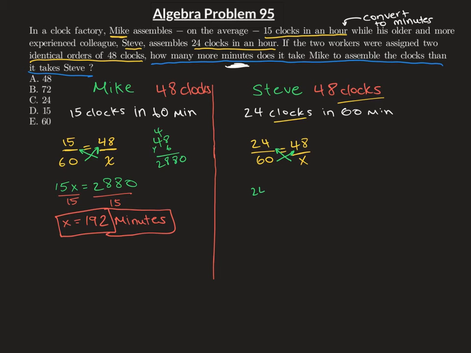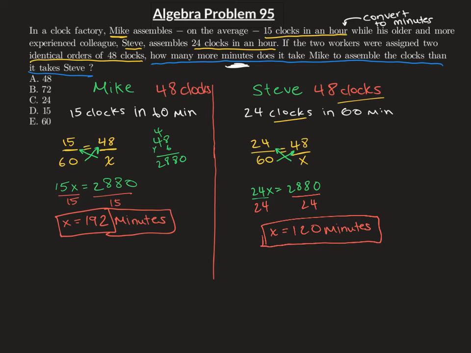So now we have 24x is equal to 2880. Then we divide by 24, and we're left with x is equal to 120 minutes.